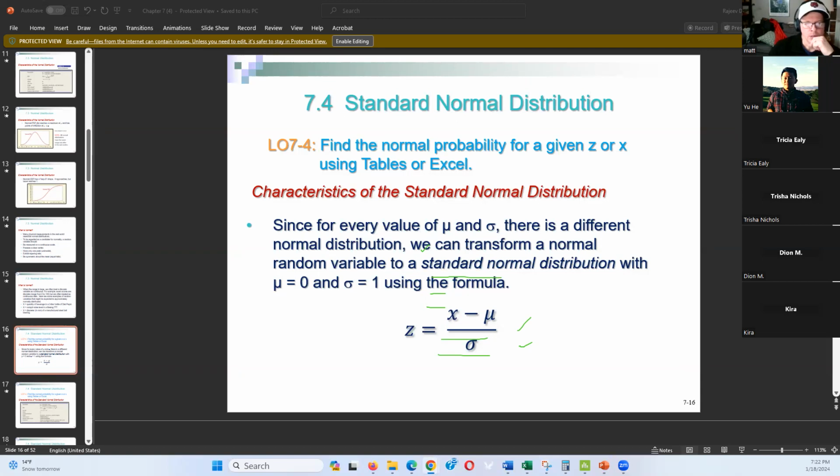I'm going to demonstrate this to you, because in real life, people ask what is standardized data.